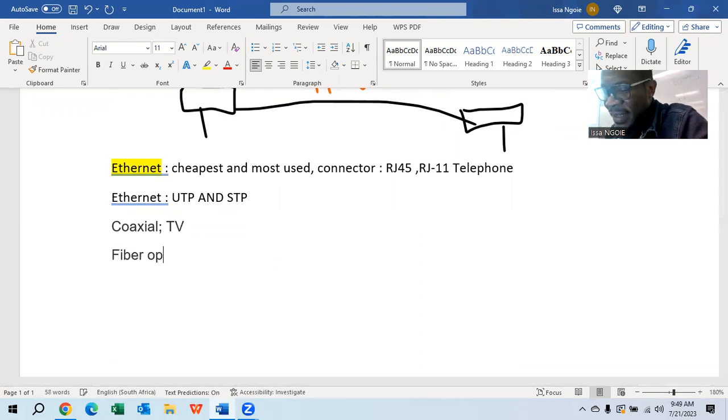Fiber optics, remember, is the most expensive. This is what you have to understand. They can ask you questions like, among those types of cables, which one is the most expensive and the fastest one. You have to remember those two.